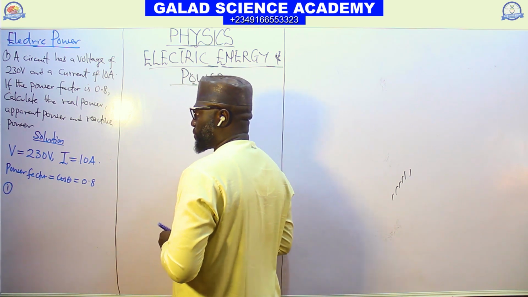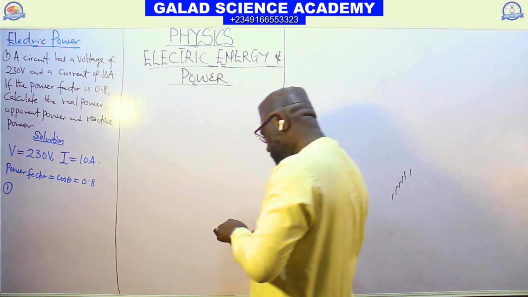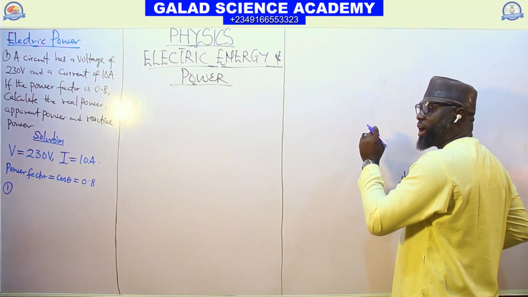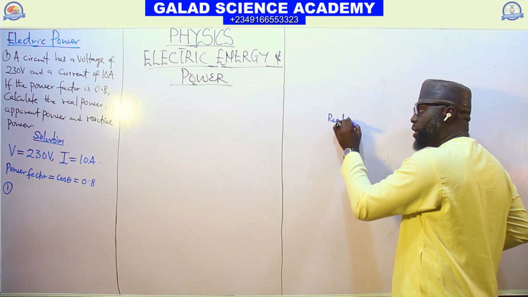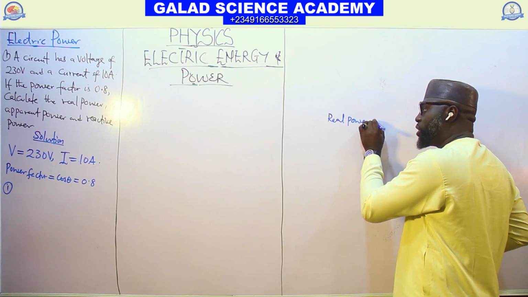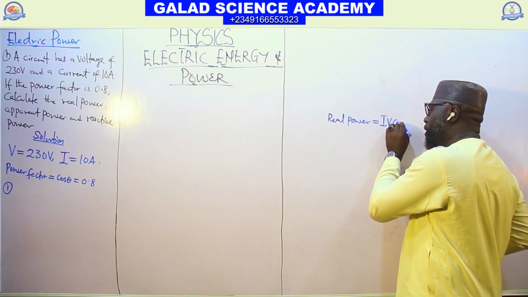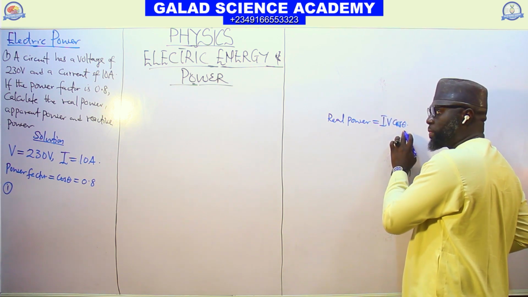From this question, if you want to calculate the real power, come to this side. We know the formula for real power, real watts power, we have done it before, is equal to IV cos theta, IV power factor.